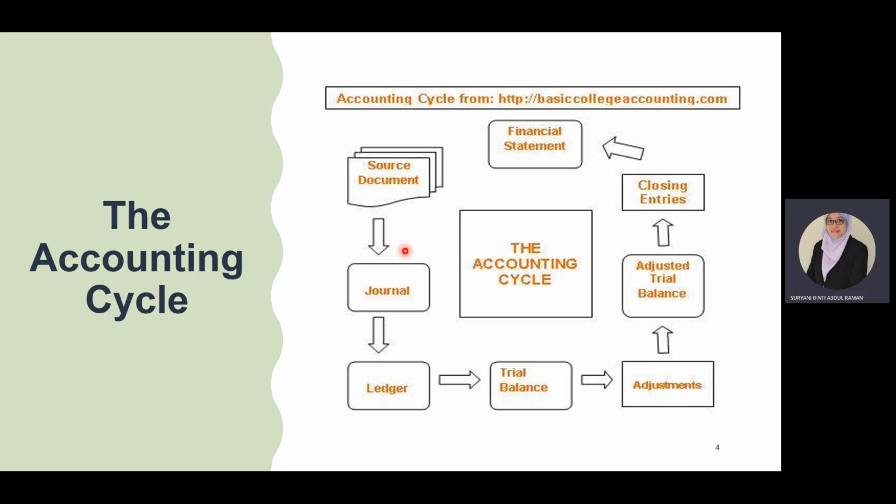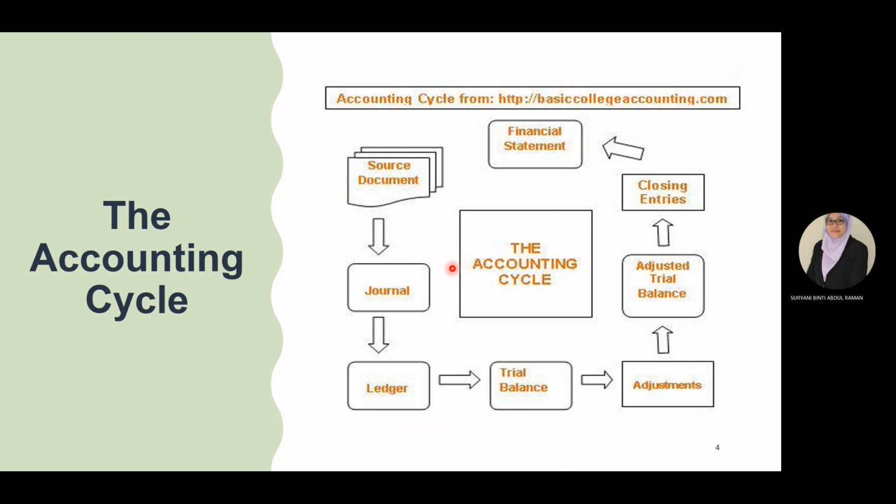It starts with the recording of transactions in the journal, which is also called the first book or the books of prime entry, followed by the ledger, trial balance, and ends with the preparation of financial statements, which will then be analyzed and reported to the accounting users to be more meaningful to them to make their own decisions.